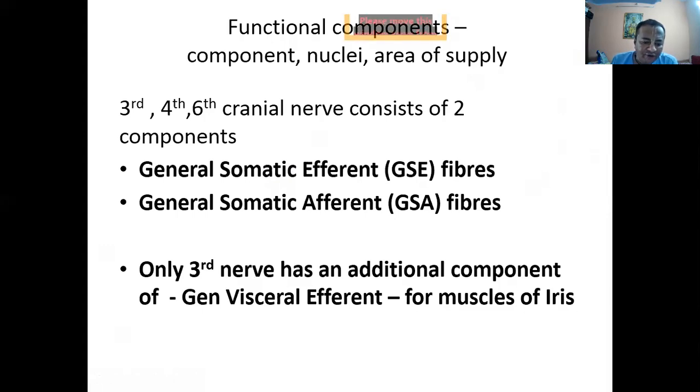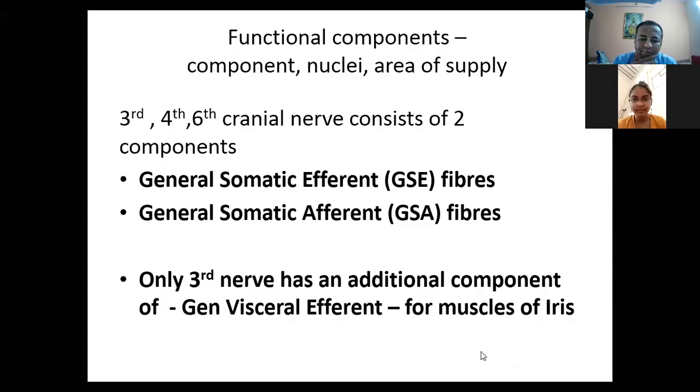General somatic afferent component is there actually shown in these nerves, but then what happens is that the afferent is carried by the mesencephalic nucleus of the trigeminal.